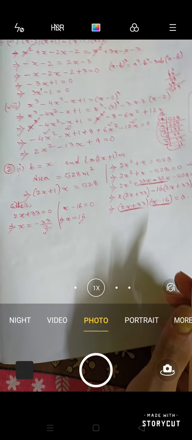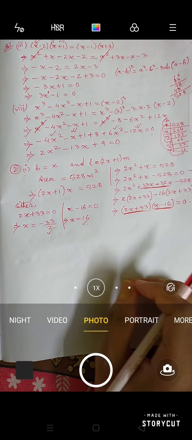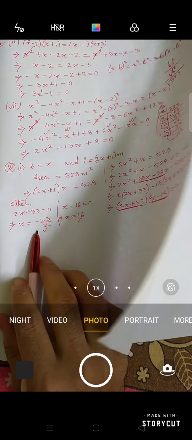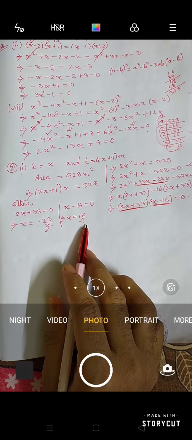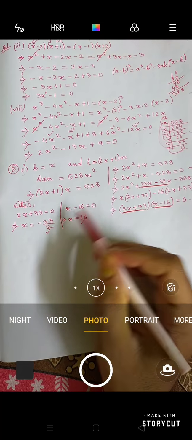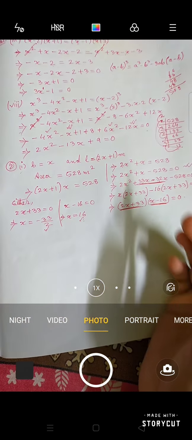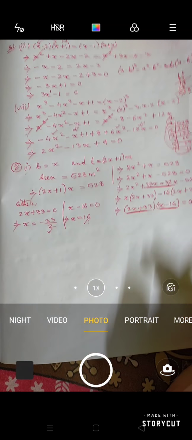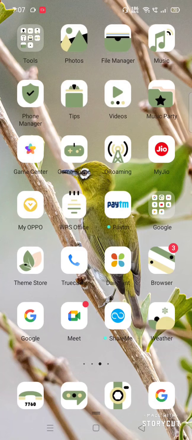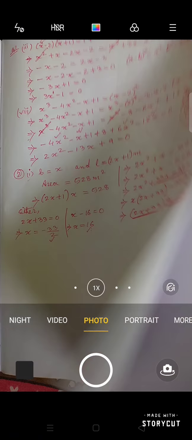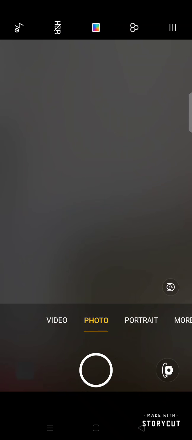Now, you can't have two values here, because if you take length, you will be having something different, and if you take this one you will be having another. Suppose I am saying that I am having a rectangular length.